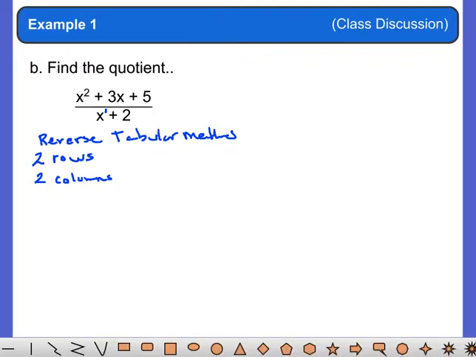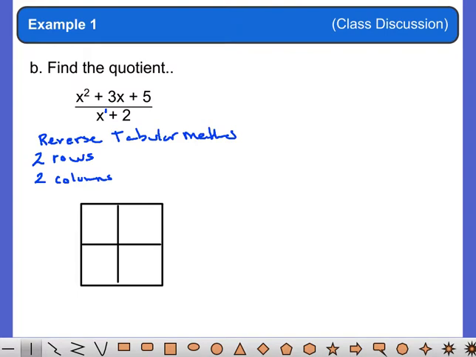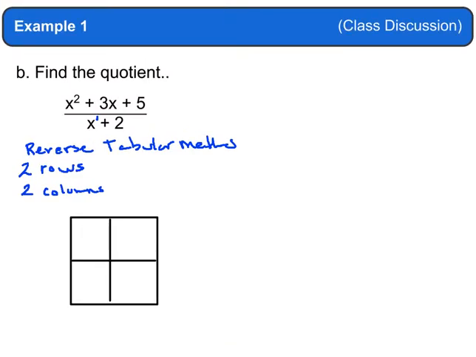So we'll draw our box. Like so, we're going to have 2 rows and 2 columns. And then we're just going to put our information on the side. So our divisor goes here on the side.